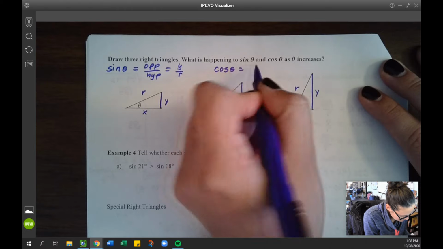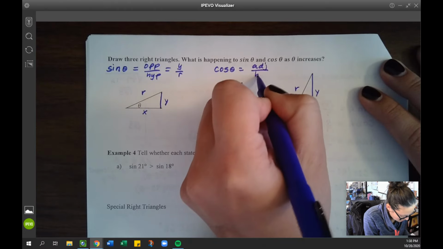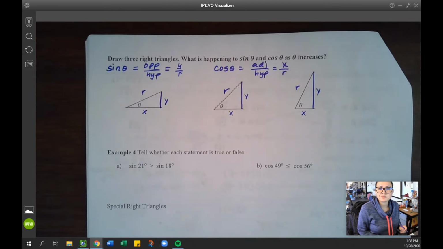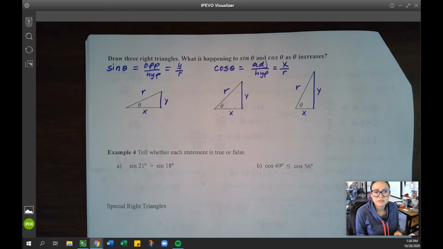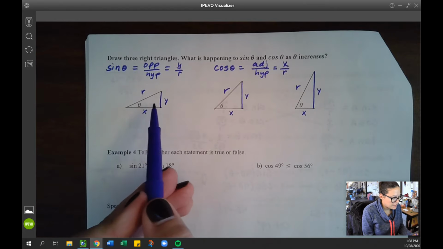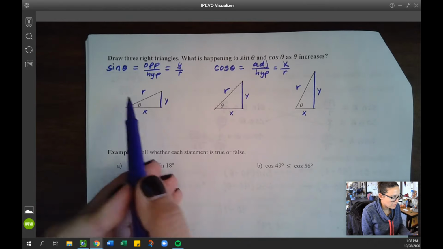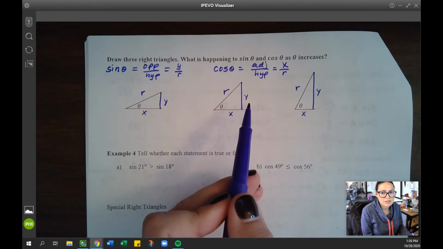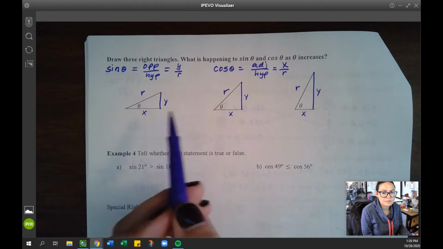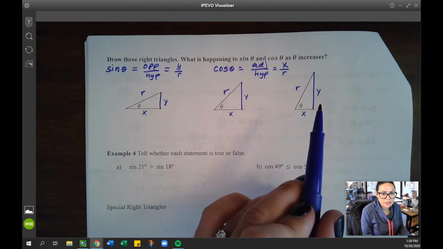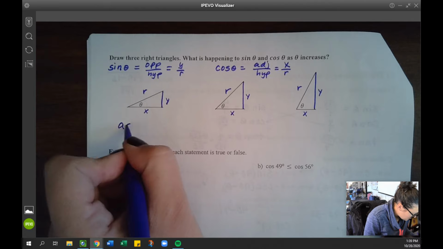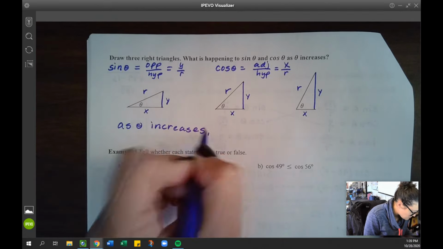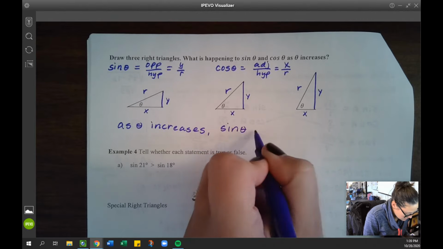Cosine is adjacent over hypotenuse, or x over r. So as theta gets bigger, r stays constant every time, but what happens to my y value? My y value gets bigger. So as theta increases, sine theta increases.